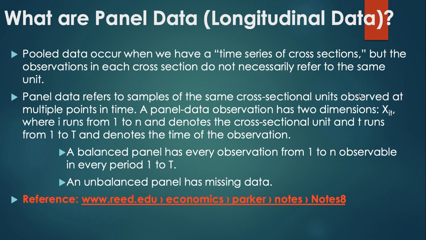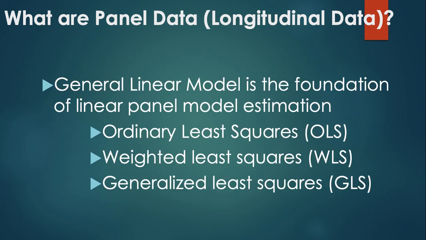Nothing is missing. And we have an unbalanced panel data which has missing data. The general linear model is the foundation of linear panel model estimation. We have three types: first, ordinary least squares OLS, weighted least squares WLS, and generalized least squares GLS.